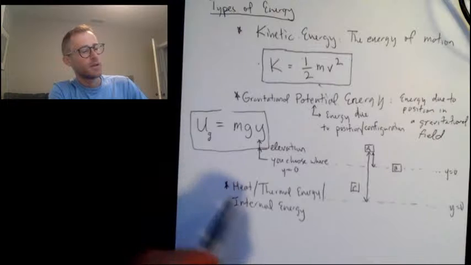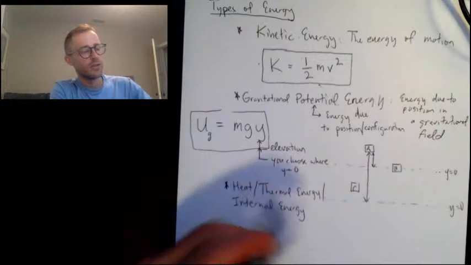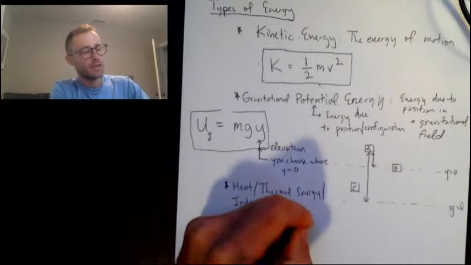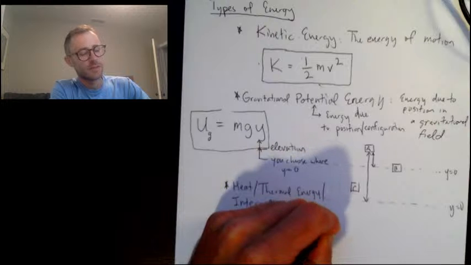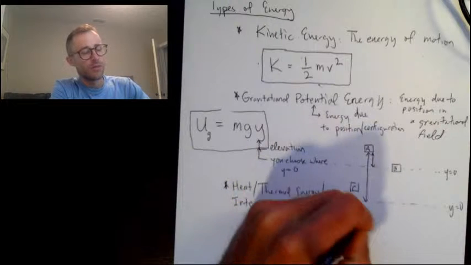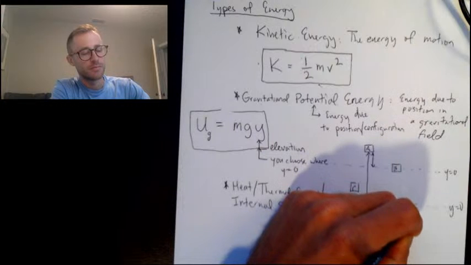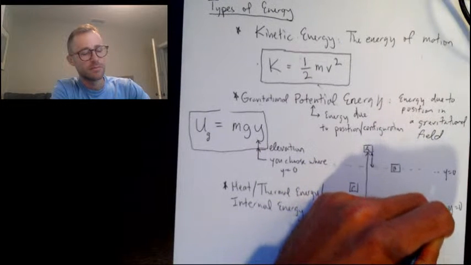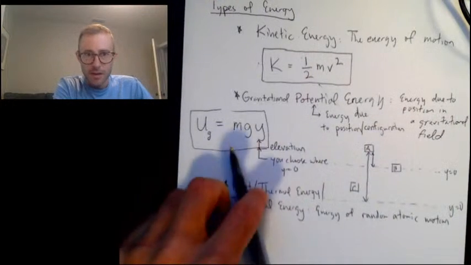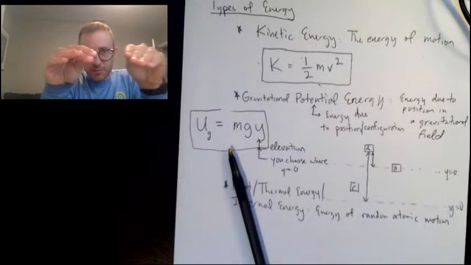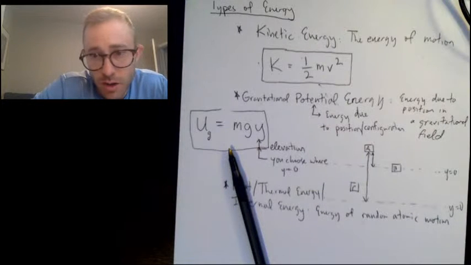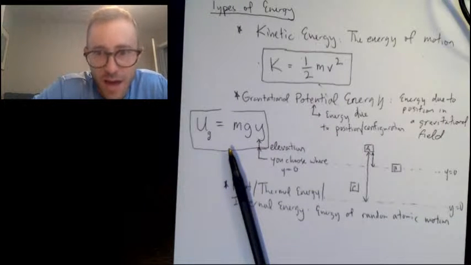So heat, or thermal energy, or internal energy, is the energy of random atomic motion. Okay? If we zoom in on any object, all objects are made out of atoms.